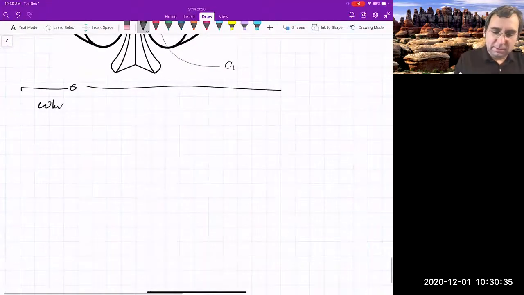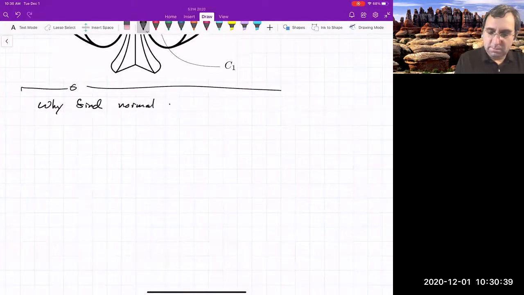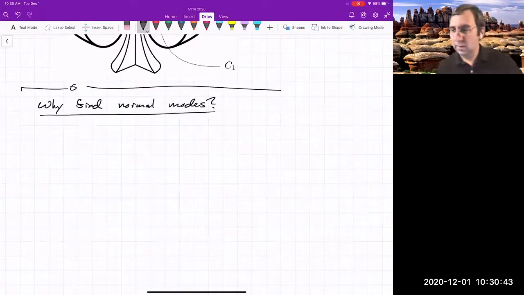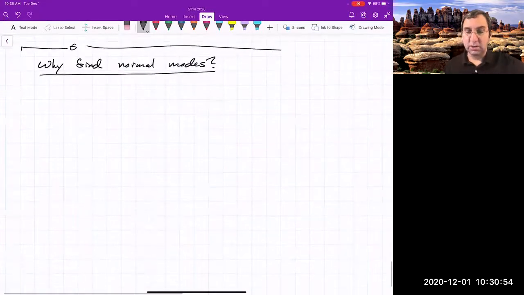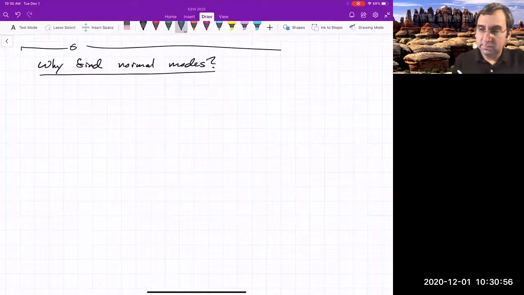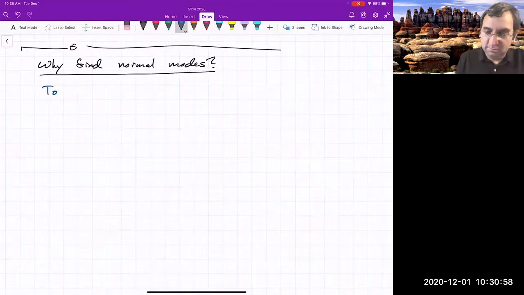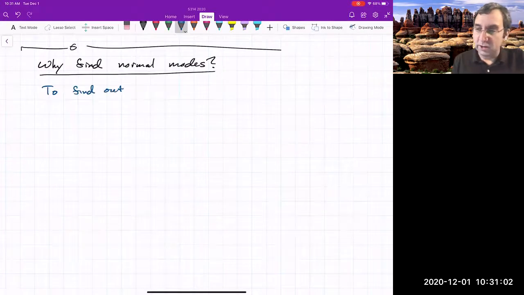So maybe this will be the last section here. Why find normal modes? Often it's because you want to know which modes could be excited by an external time periodic excitation. So that's kind of the main thing from a practical engineering perspective.